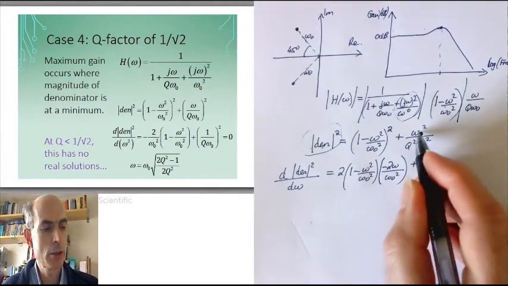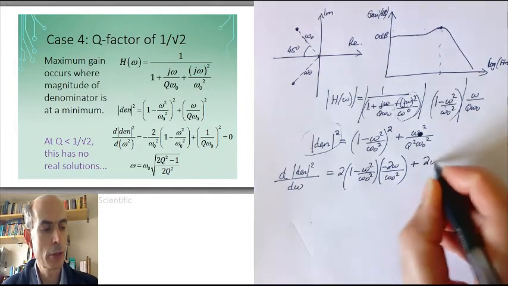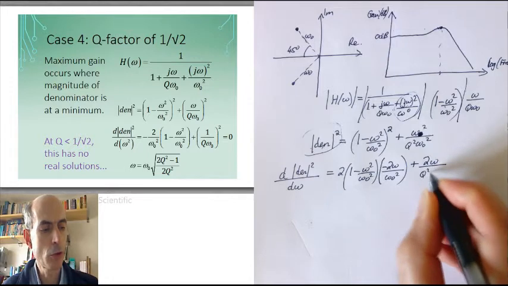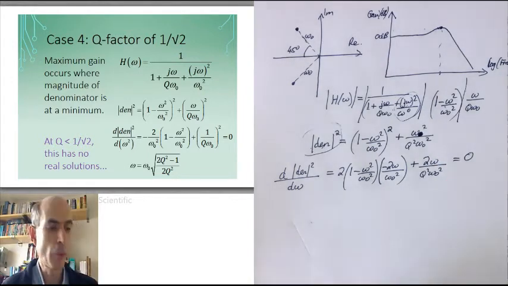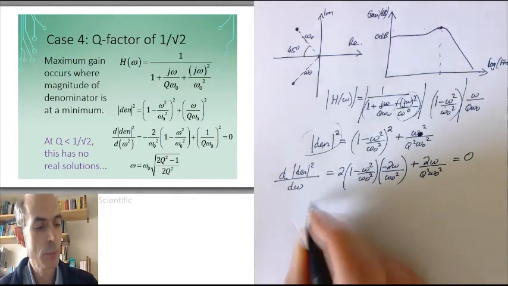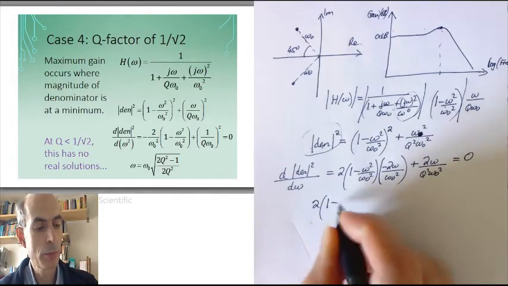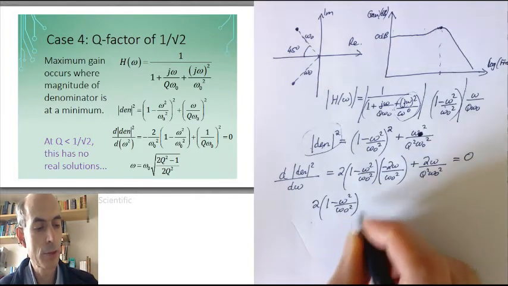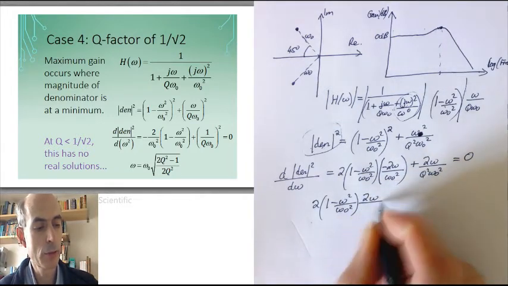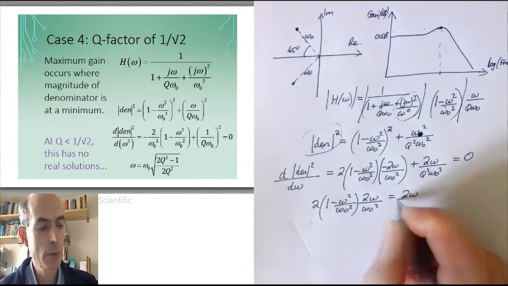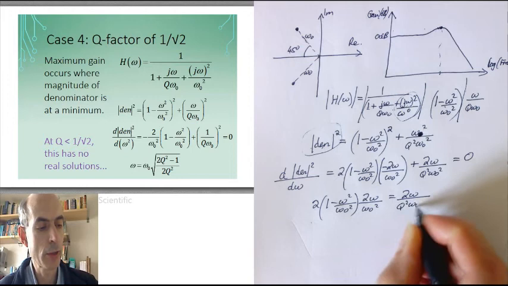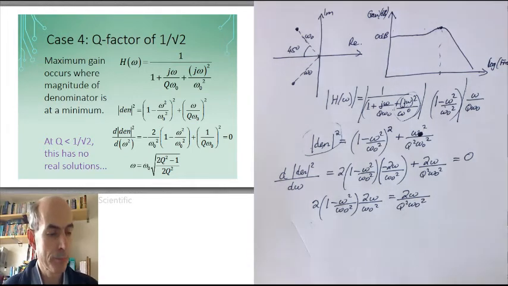And this term here would give me 2 omega over Q squared omega naught squared. And for a turning point, that must be equal to 0. So I would get 2 times 1 minus omega squared over omega naught squared times 2 omega over omega naught squared equal to 2 omega over Q squared omega naught squared at the turning points.